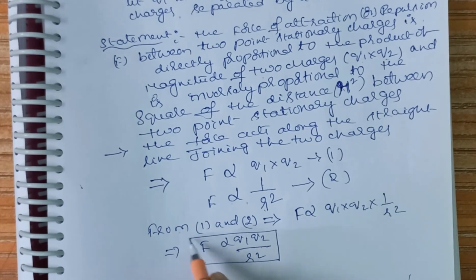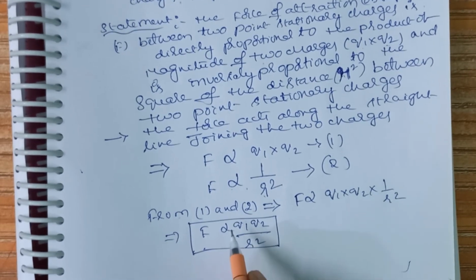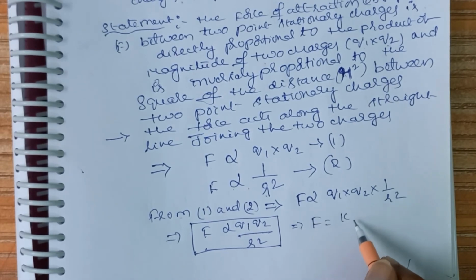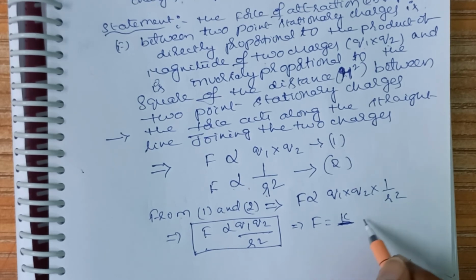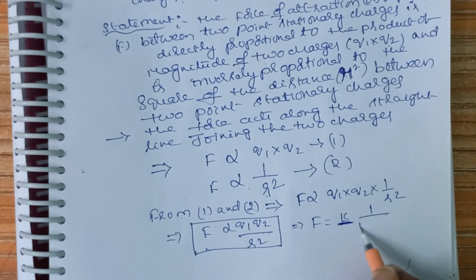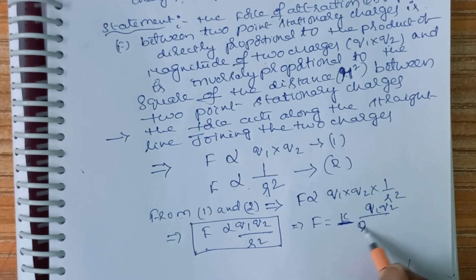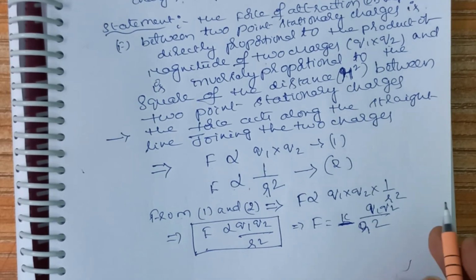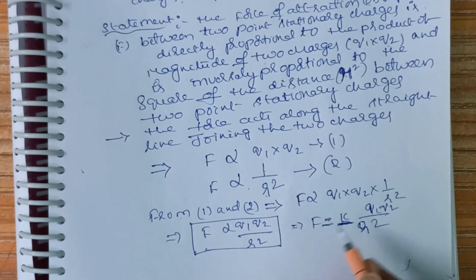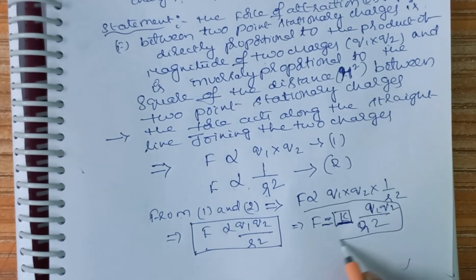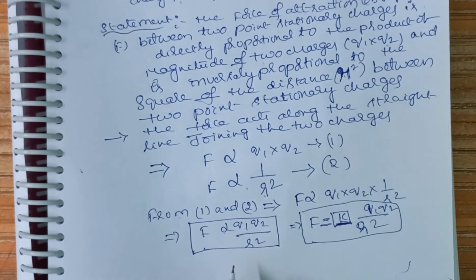Now eliminating this symbol and writing a constant, F is equal to k into Q1 Q2 by r square. In the place of the proportionality symbol you have written a constant. This constant is the proportionality constant.